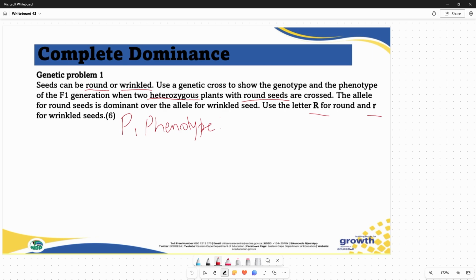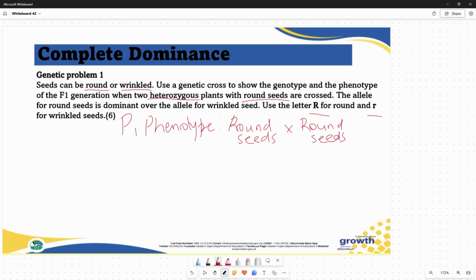Use a genetic cross to show the genotype and the phenotype of the F1 generation when 2 heterozygous plants with round seeds are crossed. So both the plants that we are crossing have round seeds. Remember, in the phenotype, when you look at a plant, you just see round seeds or wrinkled seeds. You don't see homozygous or heterozygous, so we don't write that in the phenotype. So it's 2 plants with round seeds.